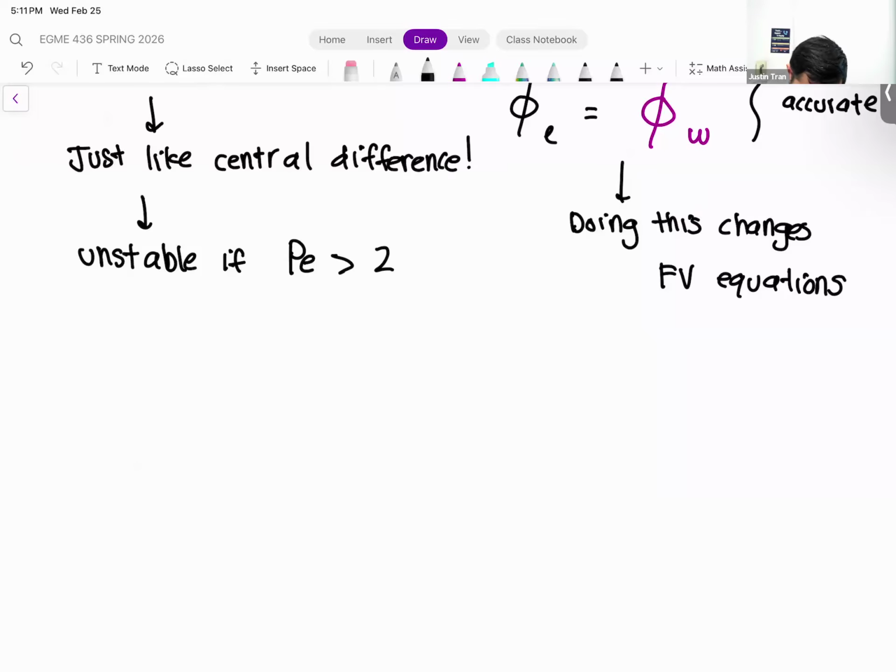Let's go back to our finite volume equations, and start from the part where we plug in the face values. This is the finite volume equation for 1D convection diffusion.